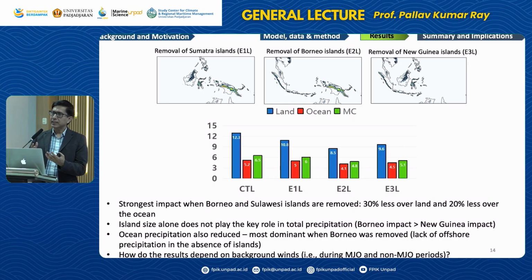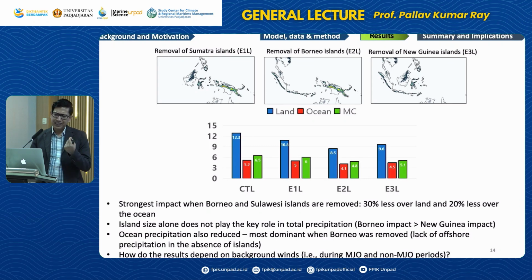That is something you don't see much over, for example, New Guinea, where everything is coming from the ocean to the land. In case of Kalimantan, you have a lot of offshore precipitation going from the land towards the ocean. So you'd expect ocean precipitation to decline most when the island of Kalimantan is removed.